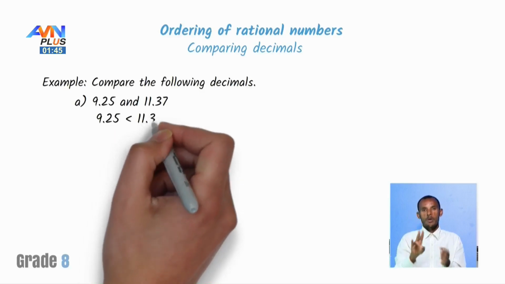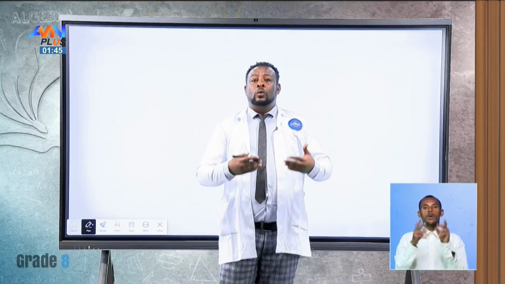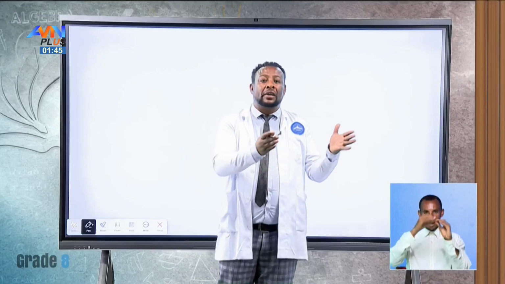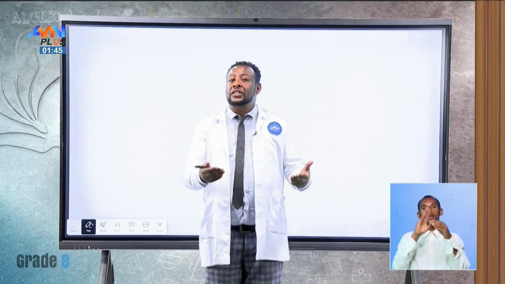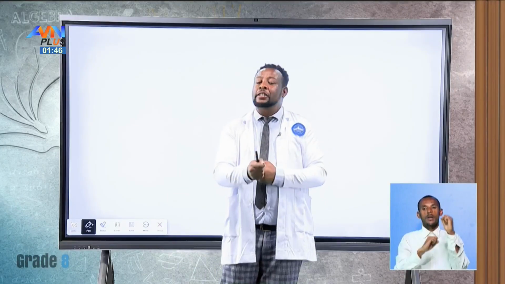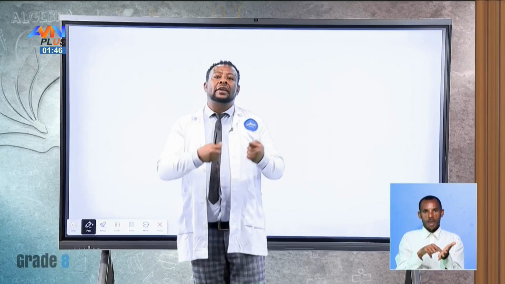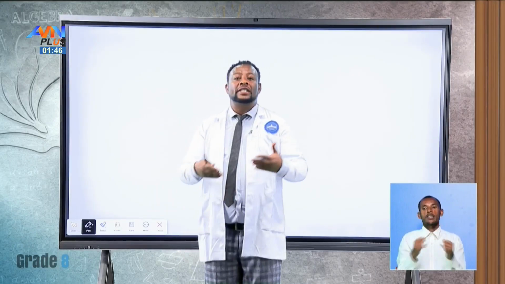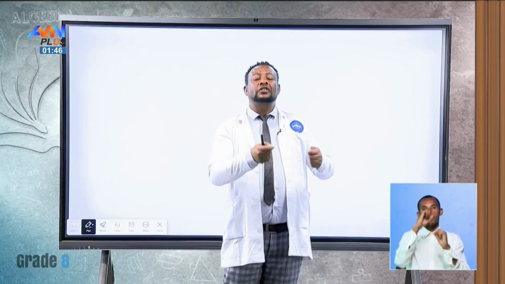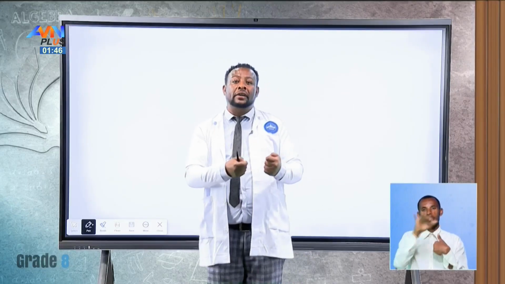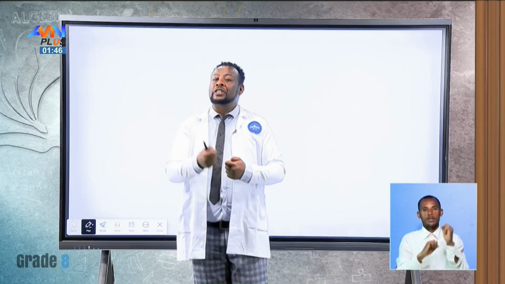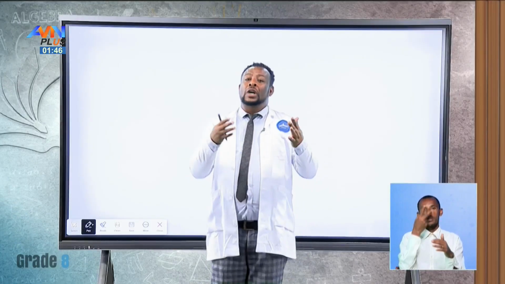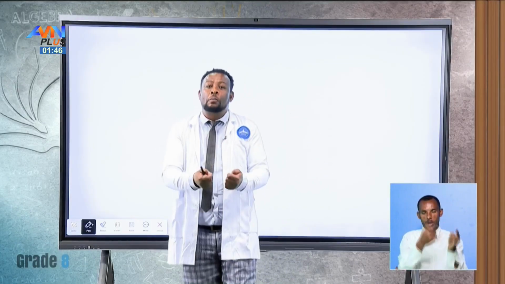Okay, students, we have seen how to compare rational numbers which are given in different forms, such as comparing decimals, comparing rational numbers given in fractional form, such as comparison of rational numbers having the same denominator, comparison of rational numbers having different denominators, and we have also seen different ways of comparison.